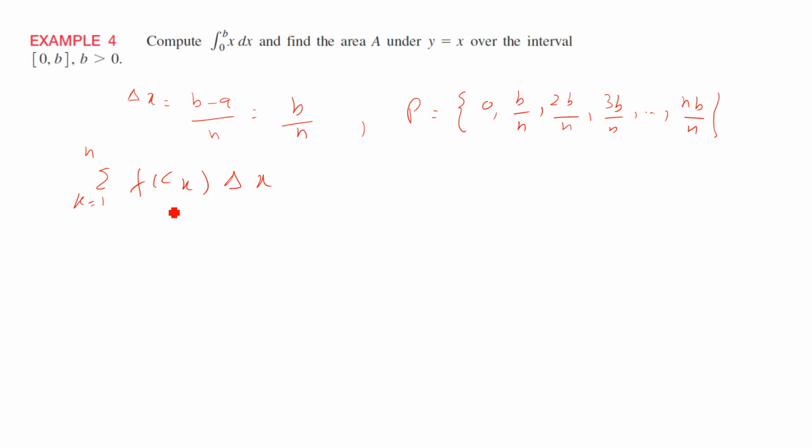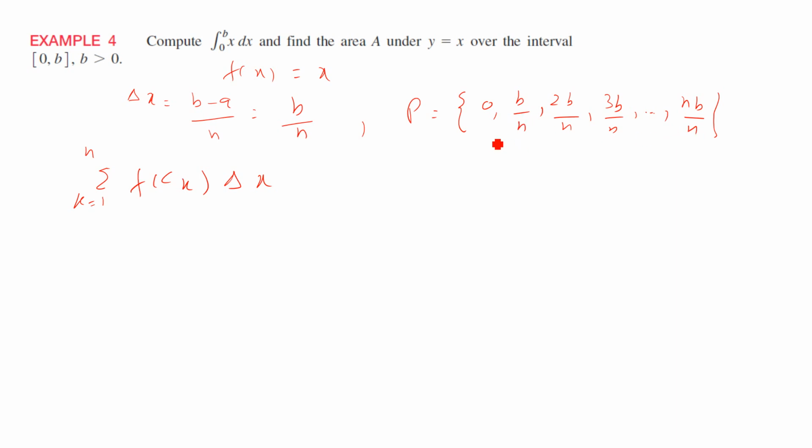Now the question here is: what is f(ck)? First of all we have to find ck, then we will find the value of f(ck). f(x) here is, as I told you earlier, x. So what is ck? You can see that c1 is b over n, c2 is 2b over n, and similarly c3 is 3b over n, and so on.